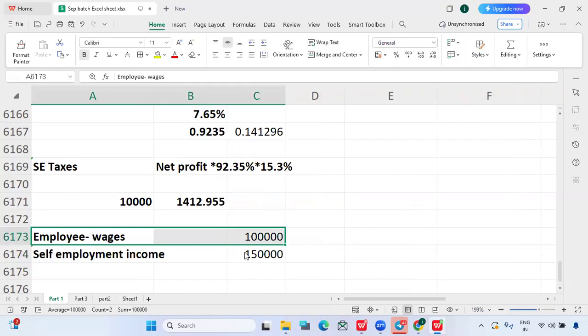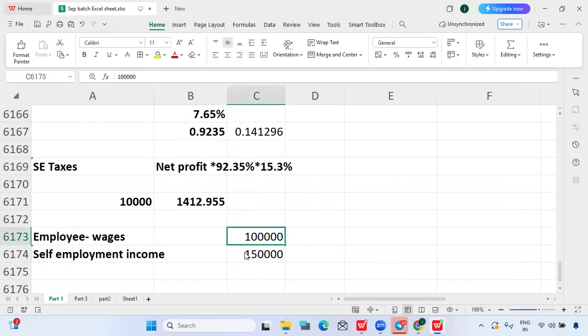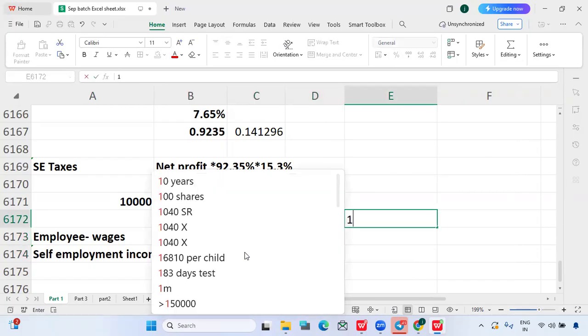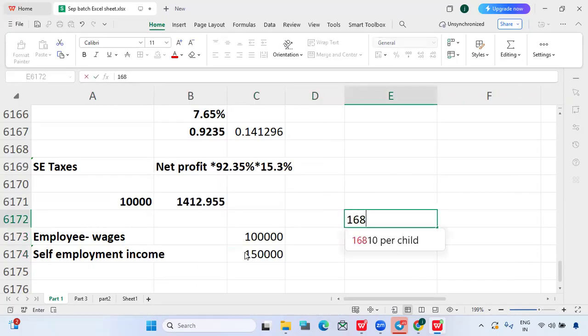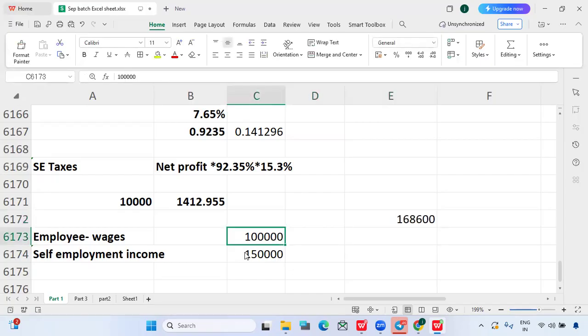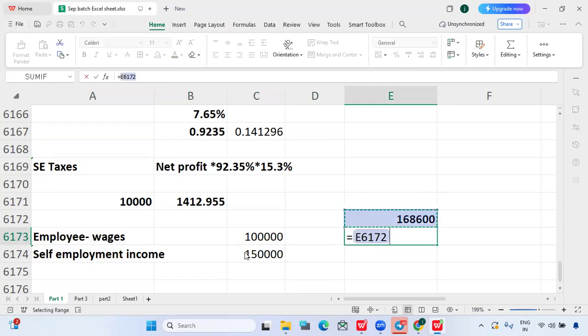Now when we calculate social security, make sure to apply the limit, which is very important. So 168,600, this base limit you have to keep first. He's an employee, so the employer must withhold social security taxes. That means 168,600 minus $100,000.